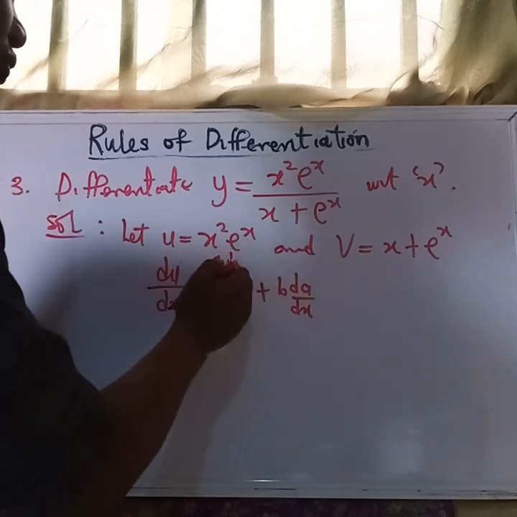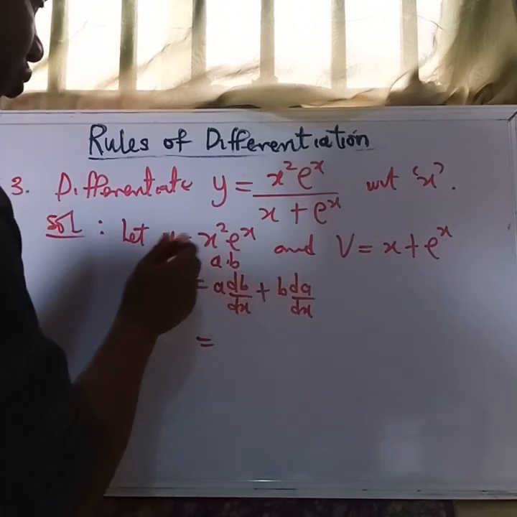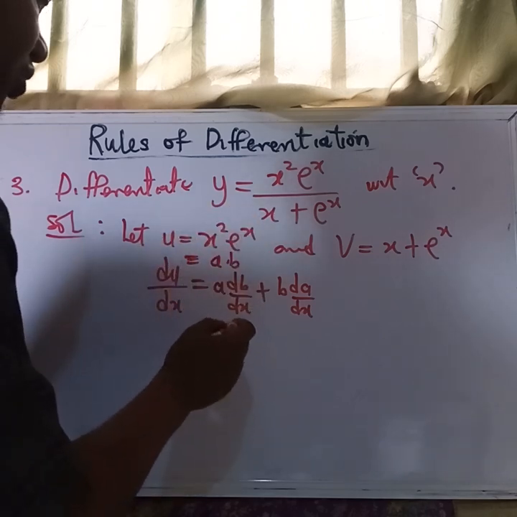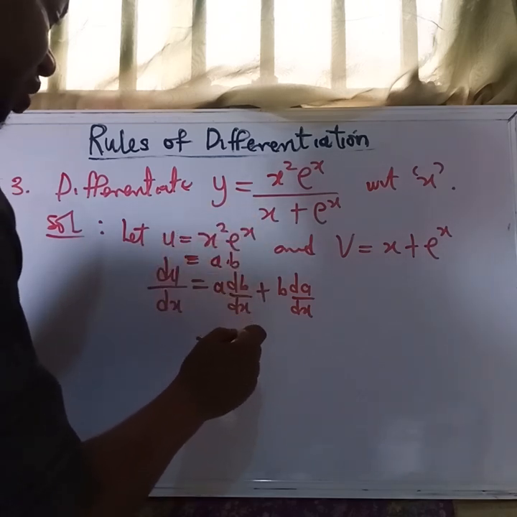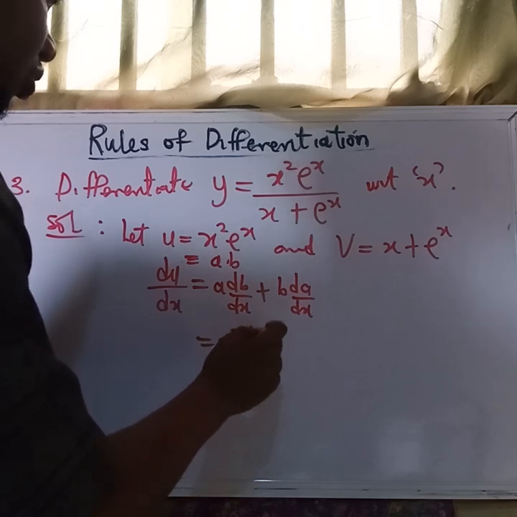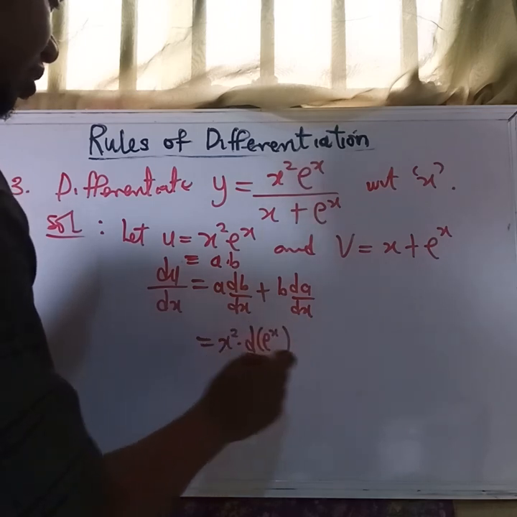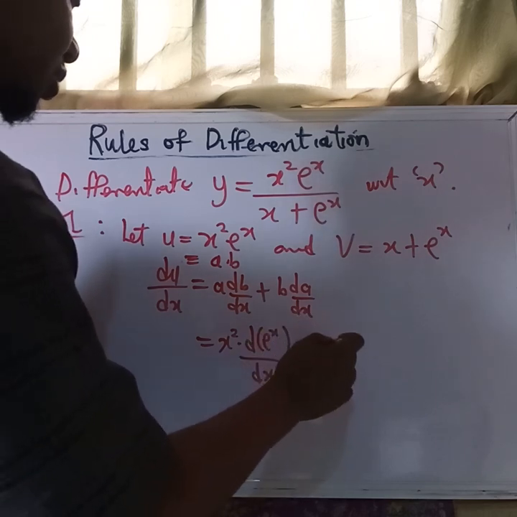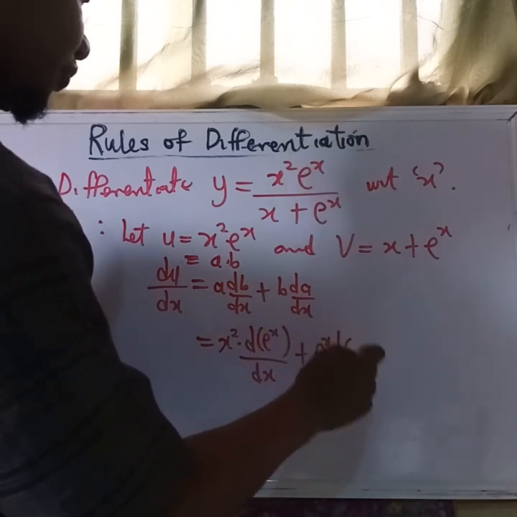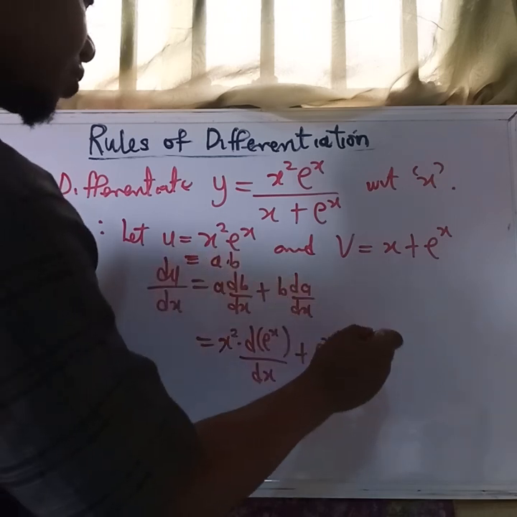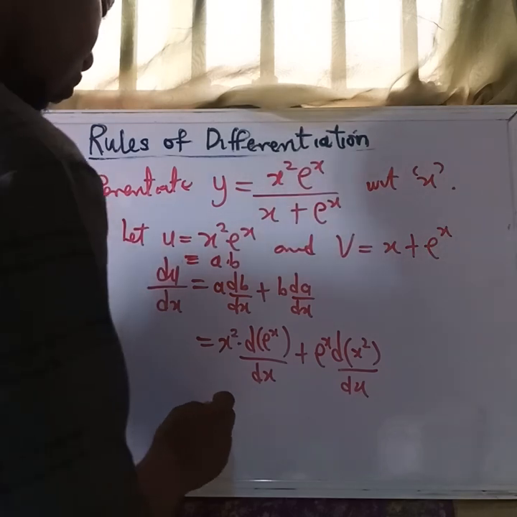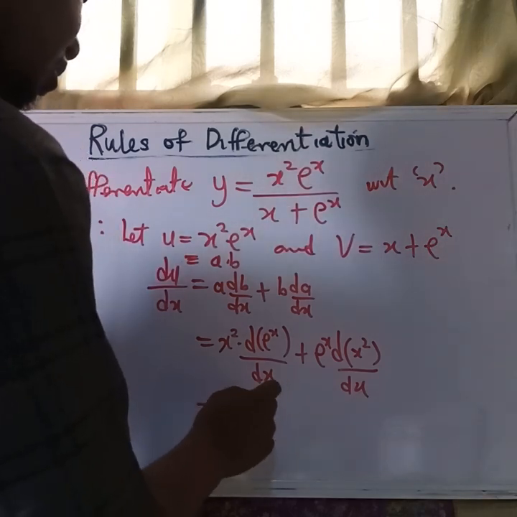We use this to evaluate this term here, where a is x squared and b is exponential x. When we substitute, this will be x squared d of exponential x over dx plus exponential x d of x squared over dx. So this will be equal to x squared.